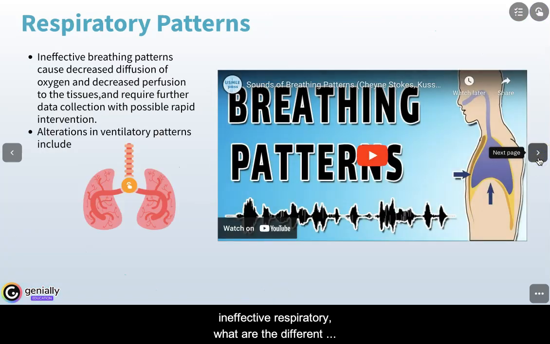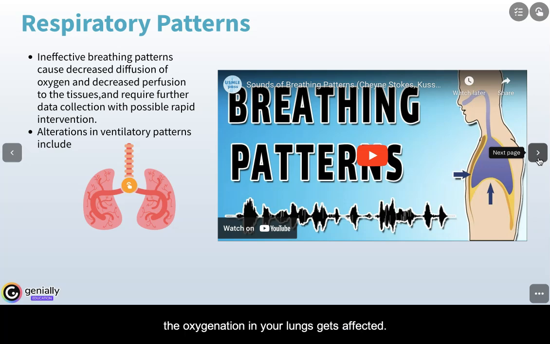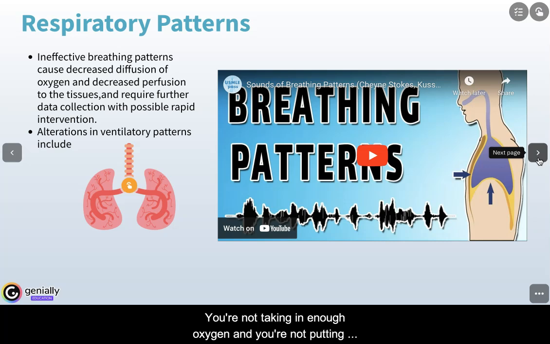What are the different respiratory patterns? Ineffective breathing patterns cause decreased diffusion of oxygen and decreased perfusion to the tissues. For example, if you're not breathing properly or effectively, the oxygenation in your lungs gets affected. You're not taking in enough oxygen and you're not putting out enough carbon dioxide.